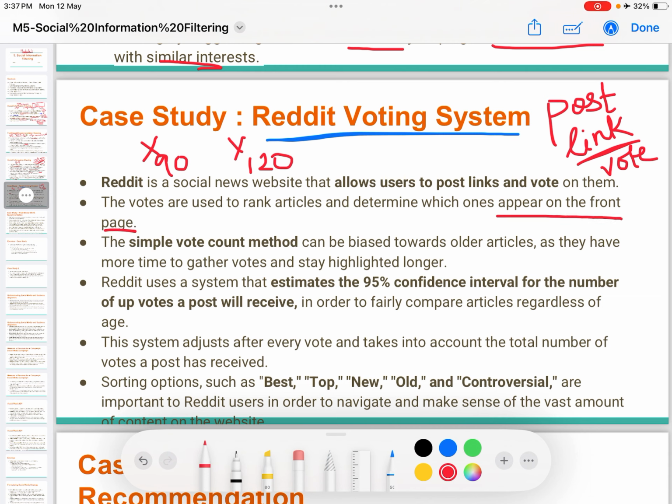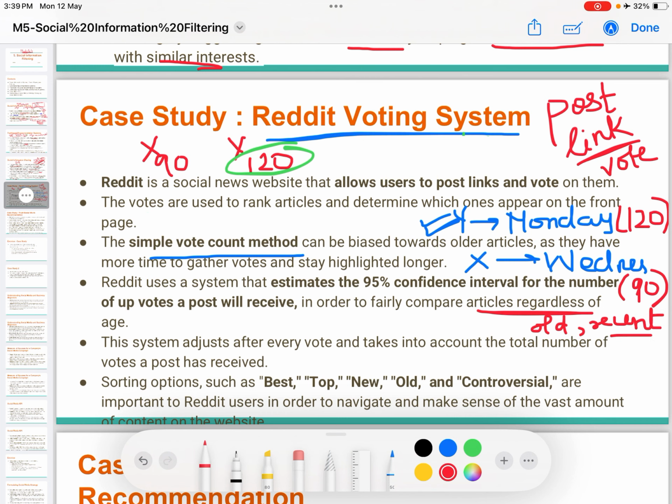So what does Reddit do so that this does not happen? Reddit uses a system that estimates the 95% confidence interval for the number of upvotes a post will receive in order to fairly compare articles regardless of their age. So regardless of whether the article was old or recent, it will not count this factor.